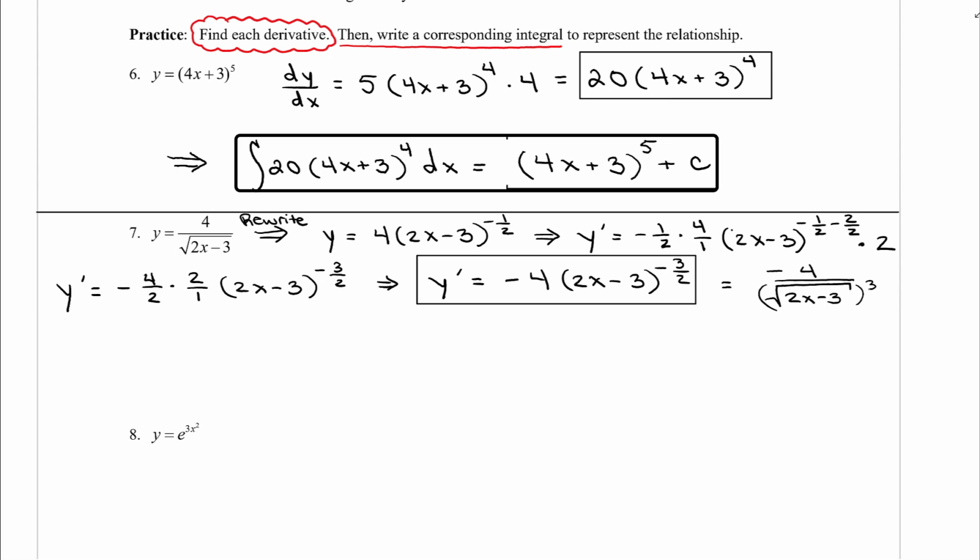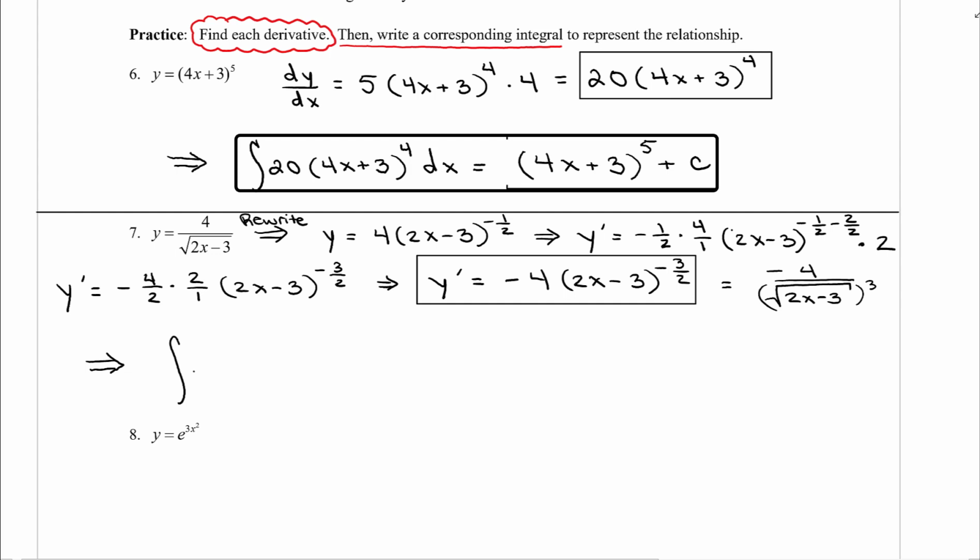That would be perfectly fine as well if you didn't want an answer written with a negative exponent in it. So now we're ready to write down the corresponding integral that represents the relationship between the derivative and the antiderivative. So here it is.